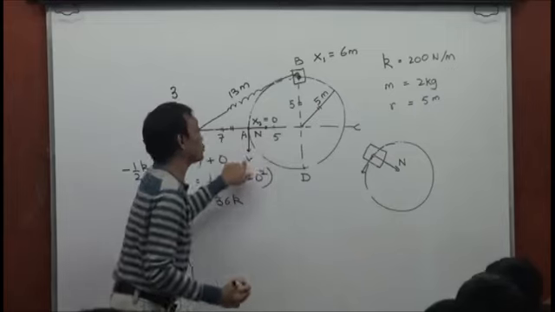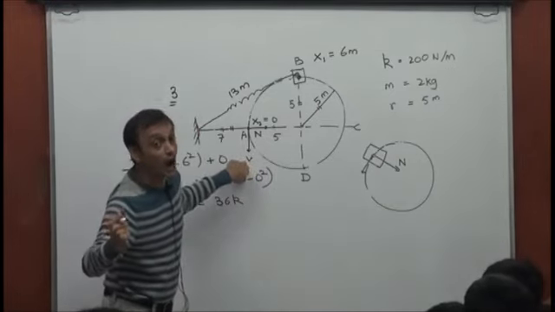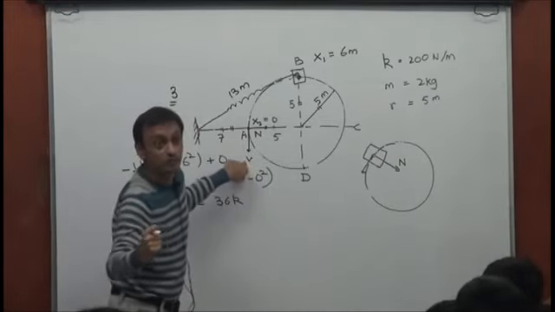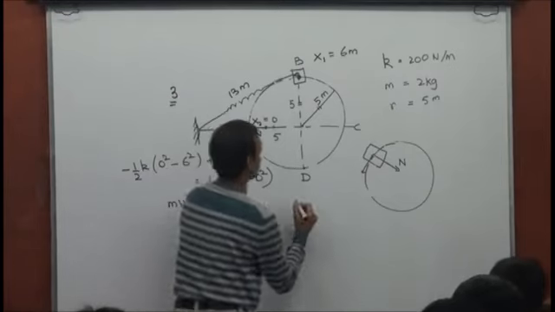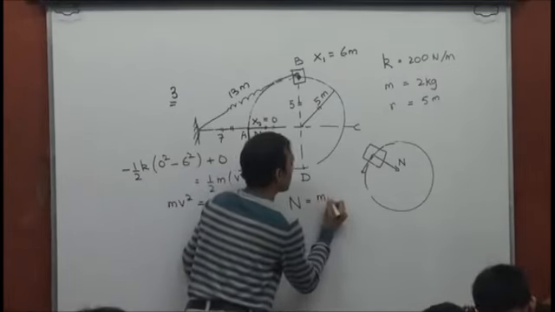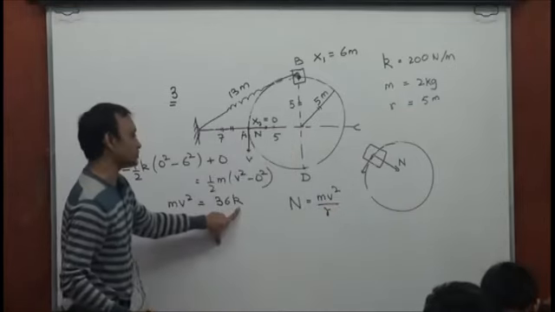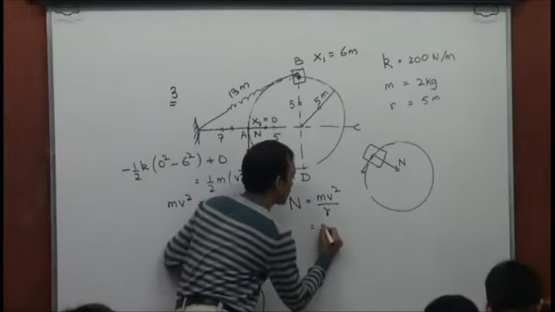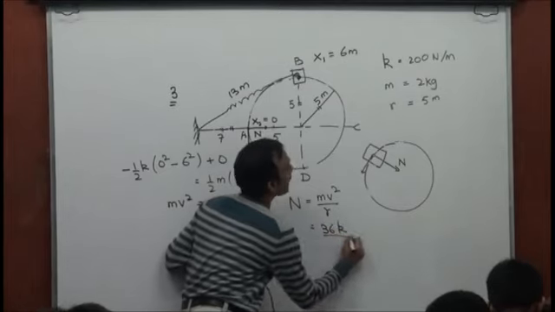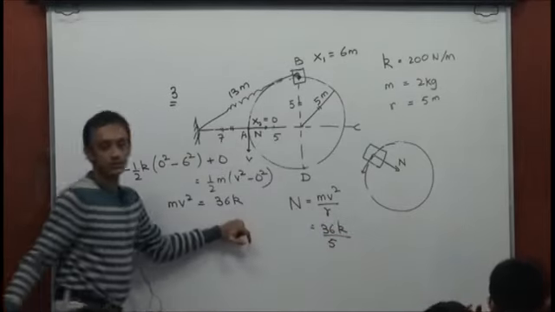Normal reaction at A would provide for mv squared by R. N would provide for mv squared by R. Mv squared you have already computed is 36k, by R, which is 5 meters.